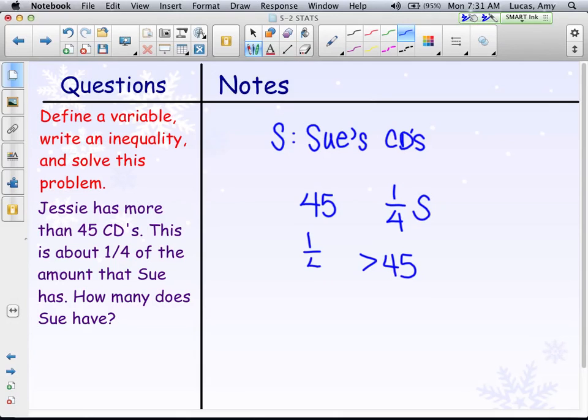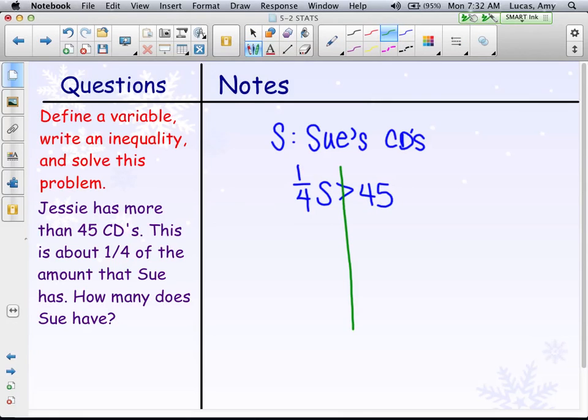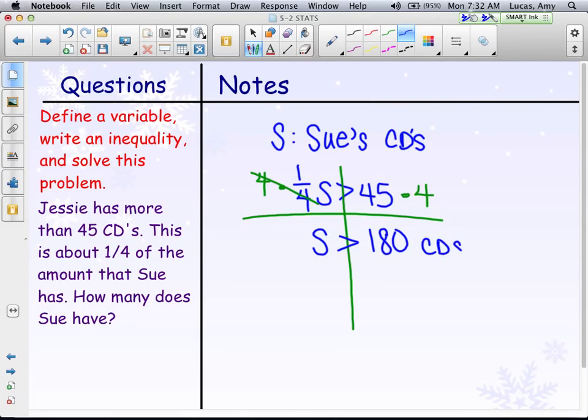And maybe I want my 1/4 of what Sue has. So we'll see if this makes sense. So if I solve this, 1/4 of, because of means multiply, so 1/4 of what Sue has. So I'm going to multiply by the reciprocal, and the reciprocal of 1/4 is just 4. So now this is telling me that Sue has more than 45 times 4, so that would be 180 CDs.